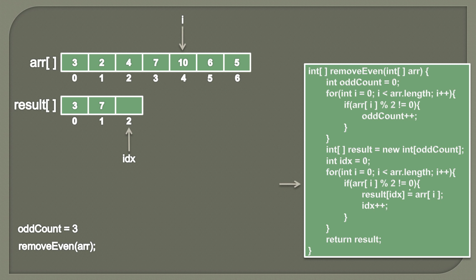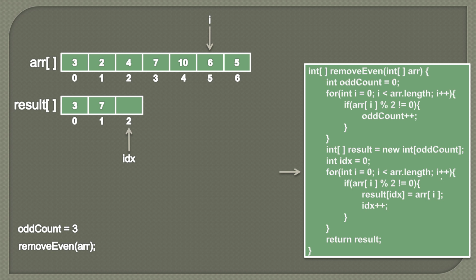So this condition comes out to be false. So friends, here you can see that whenever we are encountering an even integer, we are simply skipping that value and we are traversing ahead. So when we increment, I becomes 5. 6 divided by 2 will give remainder as 0. So this condition comes out to be false.